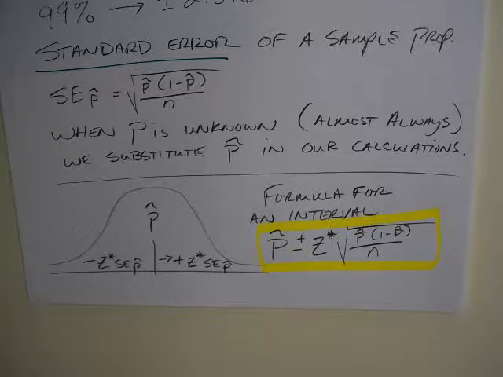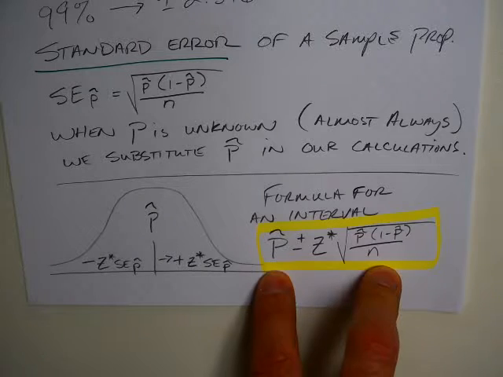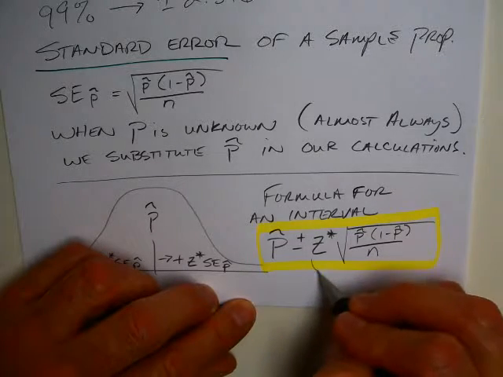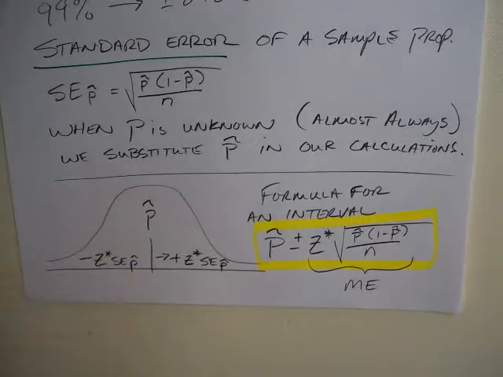P hat plus this, and p hat minus this. It's the margin of error. If you see it that way, I think things become a little clearer, at least to me it became clearer. P hat plus and minus the margin of error.